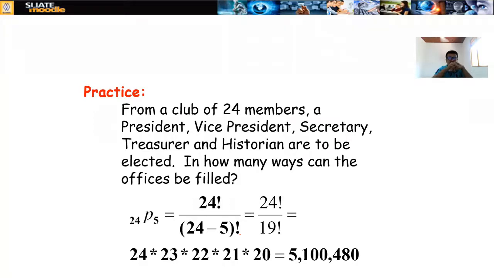If we appoint individuals for dedicated positions, like what we have in this example, president position, secretary position, then it is about arranging. If it is arranged, then that is about what? Permutations, right? 24P5 is 5,100,480.